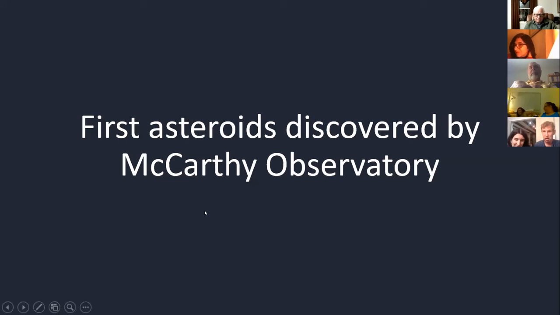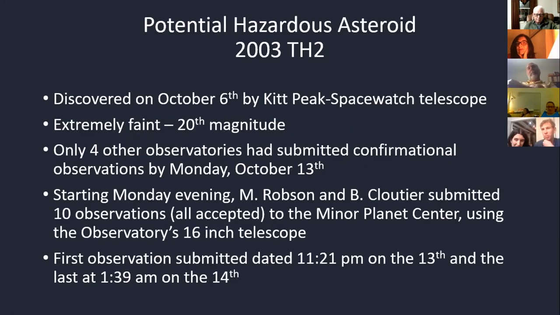October is also a month where the observatory discovered its first asteroids. As I mentioned, we do a lot of observations of potential hazards, asteroids that are discovered by a number of observatories around the world, and they're looking for additional observations.